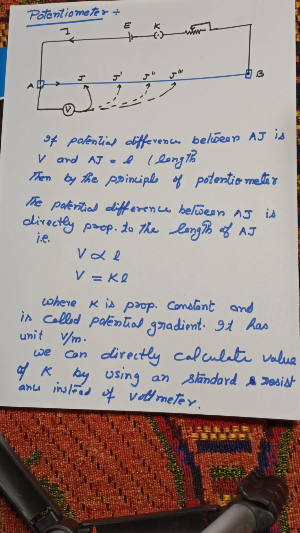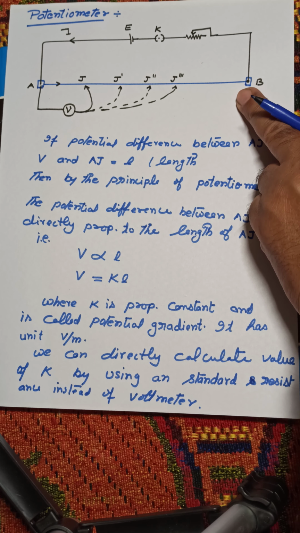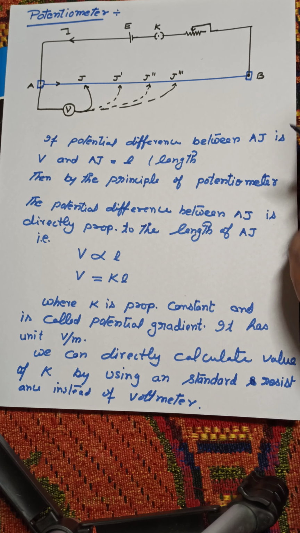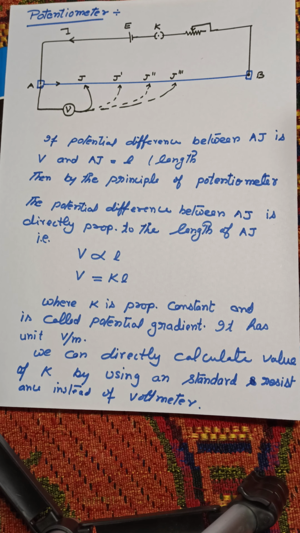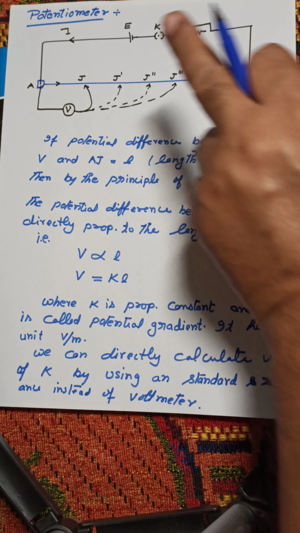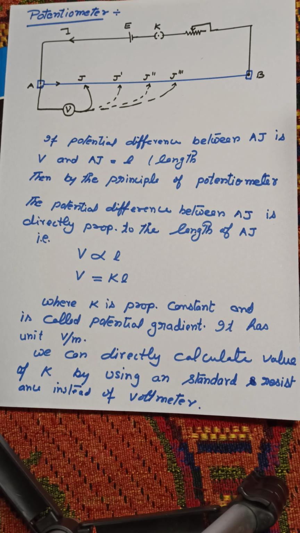Therefore, if we connect a standard cell and its balancing length is 100 centimeter, then what will happen? The potential difference between A and J will be equal to the EMF of the cell, and in this way we can find the value of K of the given device.